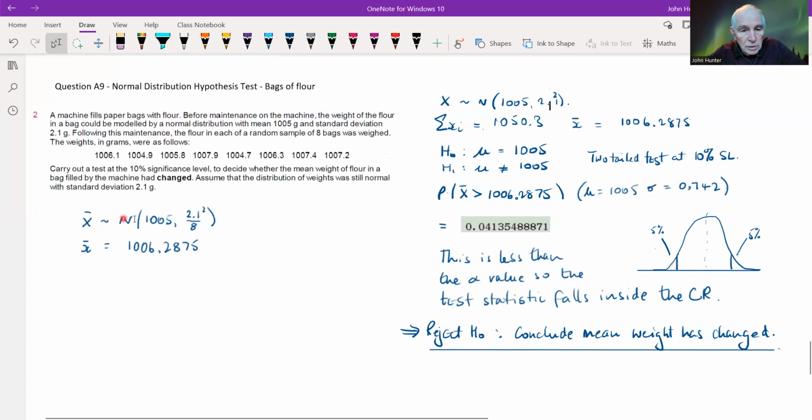If we translate this, that's going to give us a standard deviation of 0.742. So the sampling distribution has a mean of 1005 and a standard deviation of 0.742, and we want to test whether a value as extreme as this falls into one of our critical regions.